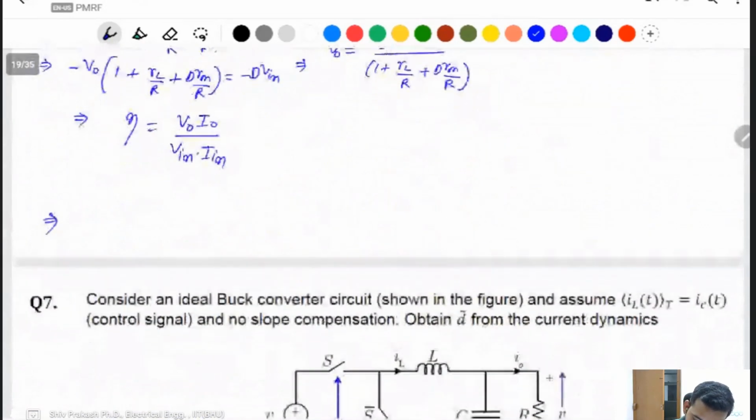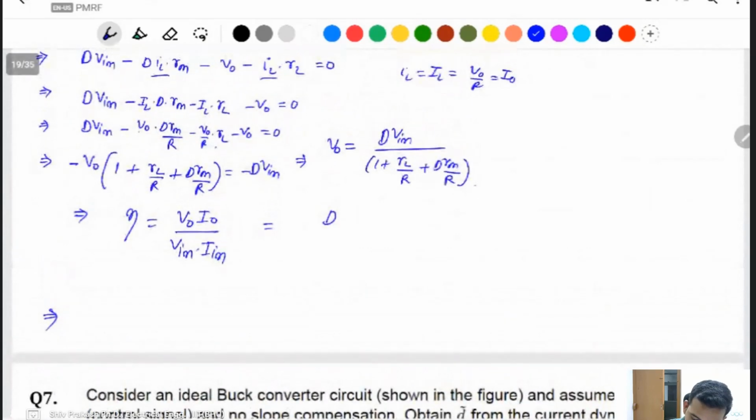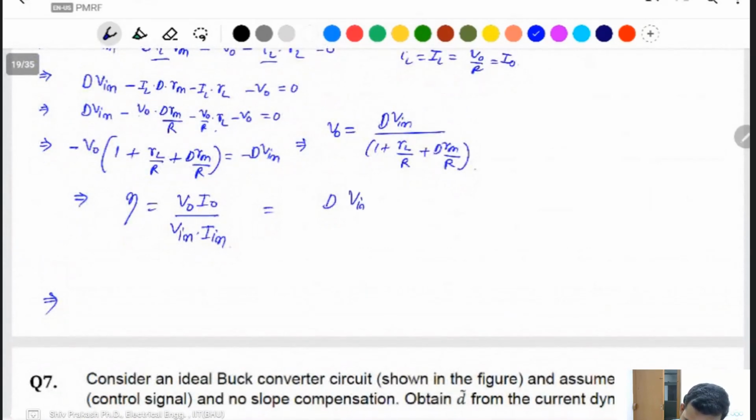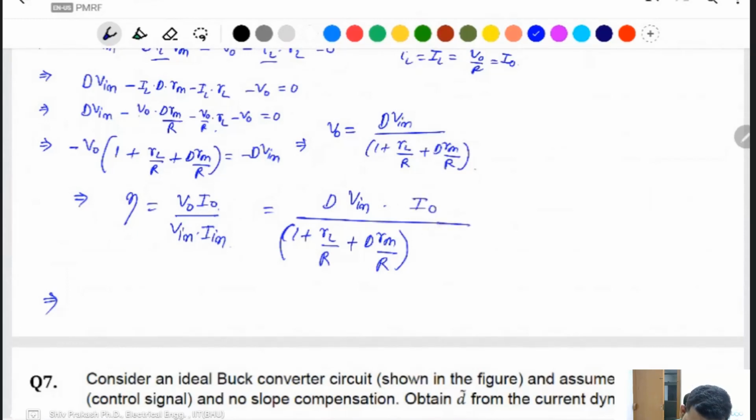You replace this one, I in. V output is equal to D V in divided by 1 plus RL divided by R plus D R on divided by R. Then V output times I output, divided by V in and I in, where I in is equal to D times I naught.